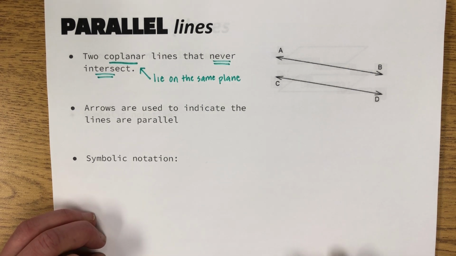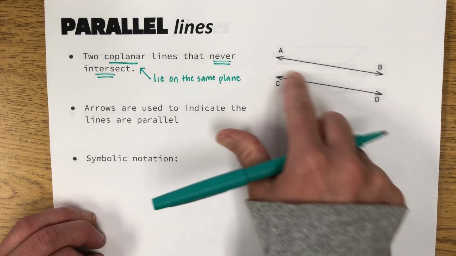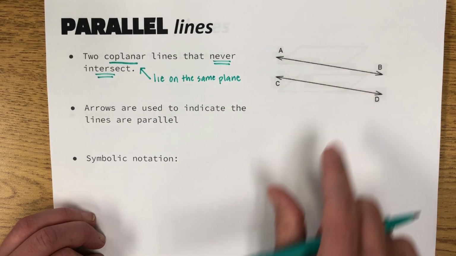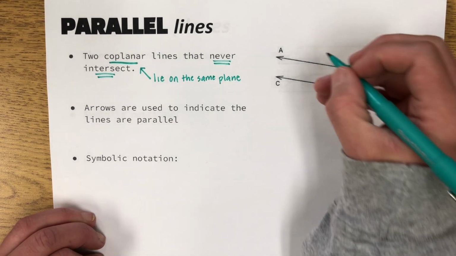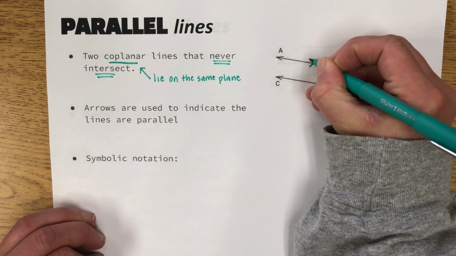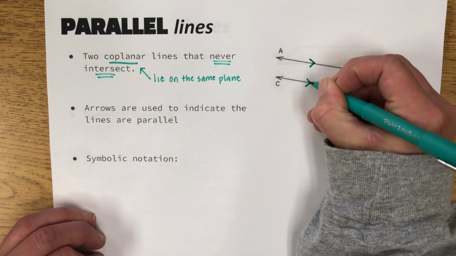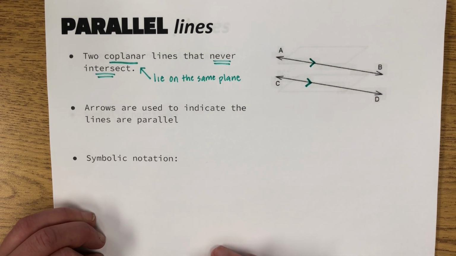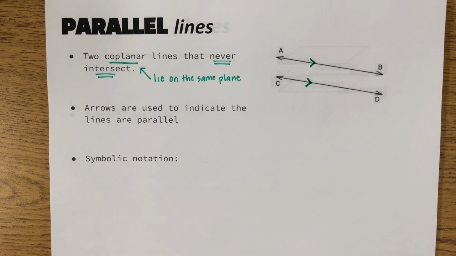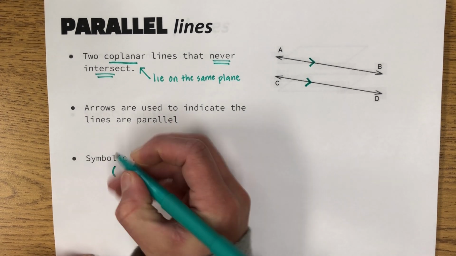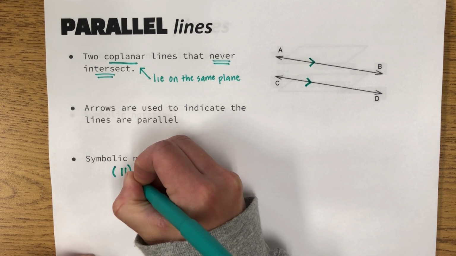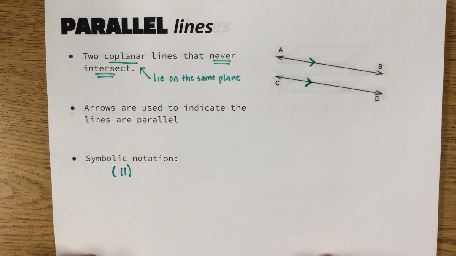The arrows are used to indicate these lines are parallel, and I'm going to show you using these two lines here. So we have line AB and we have line CD. They are indicated as parallel if you draw these arrows here. The other thing I want you to see is that there's a specific notation we use, which is two lines up and down next to each other.